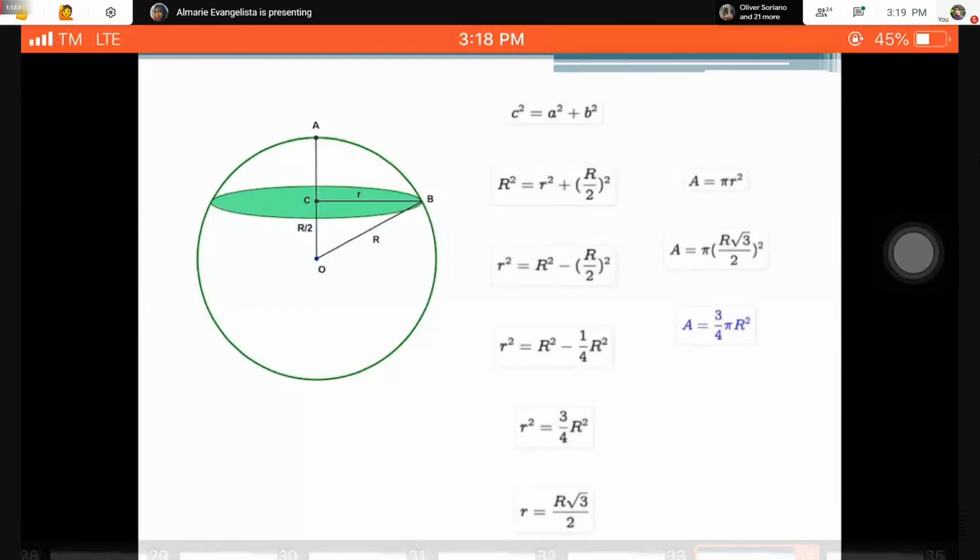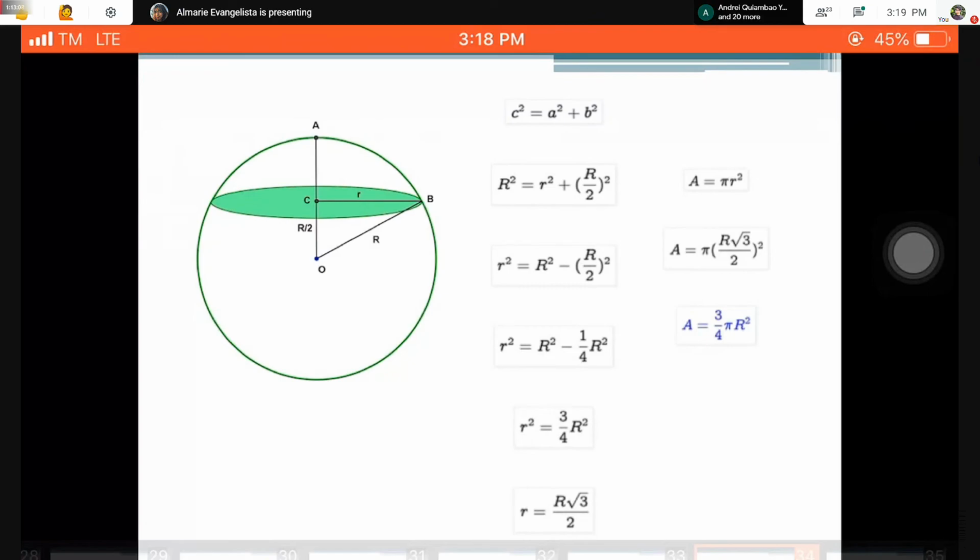From point O, which is the center of a sphere, nag-draw tayo ng vertical line and nilabelan natin siya as point A. So, ayun yung point A sa taas. Tapos, at the end of a circular section, nilabelan natin siya as letter B. And then, kinonect natin siya sa center ng sphere, which is yung point O.